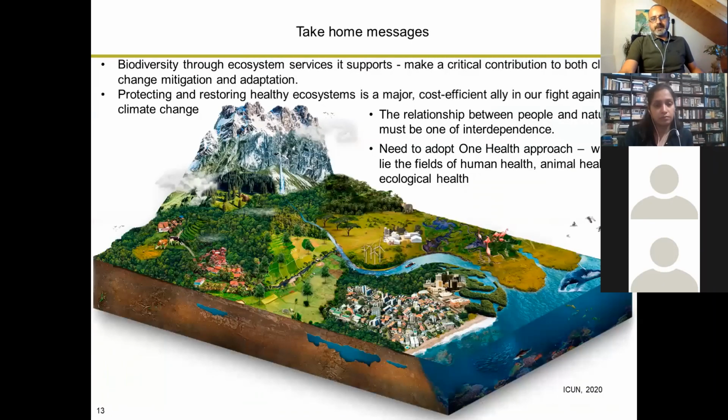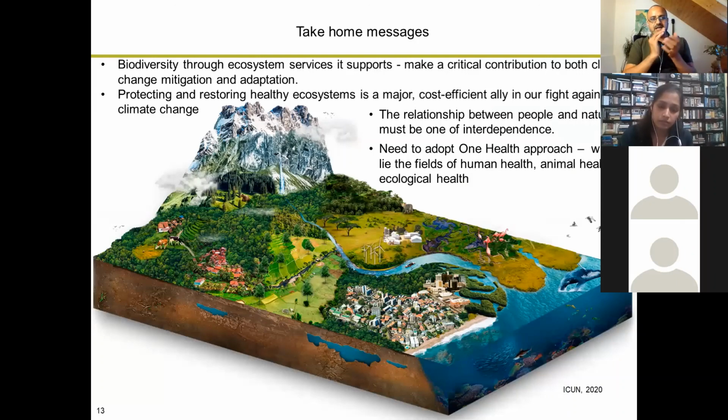I think I would just go to the last slide. So the take-home message: you saw this picture previously, which was all degraded and destroyed ecosystems. And if we work on it, we will be able to restore all the ecosystems, which look very nice and pretty now.